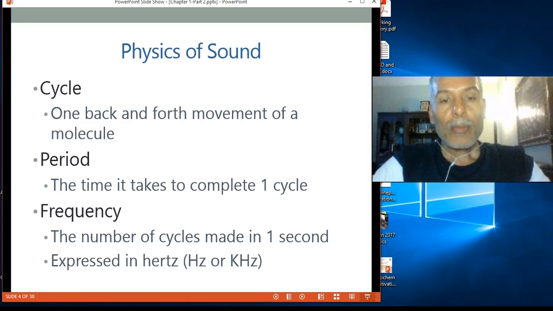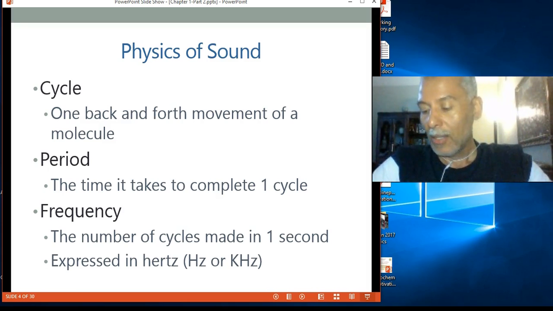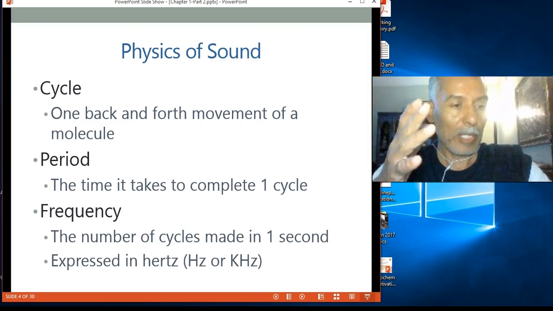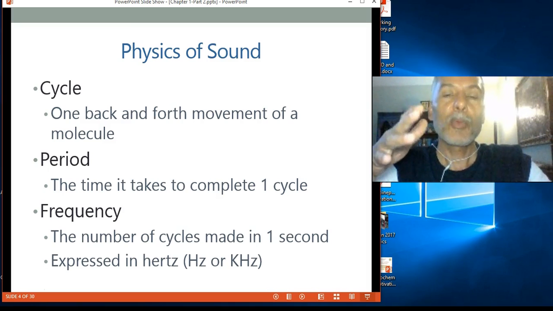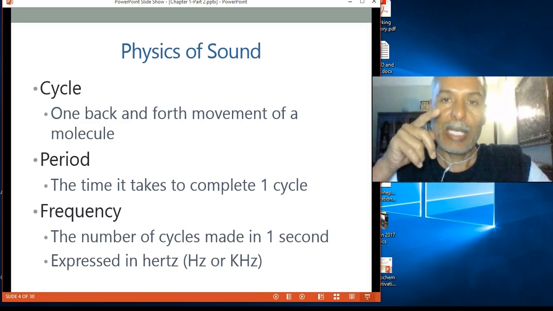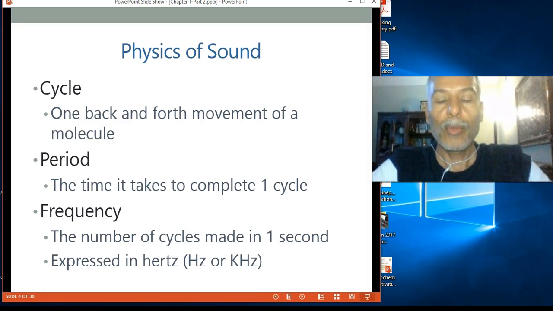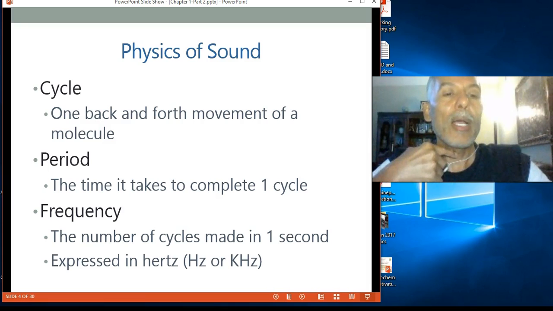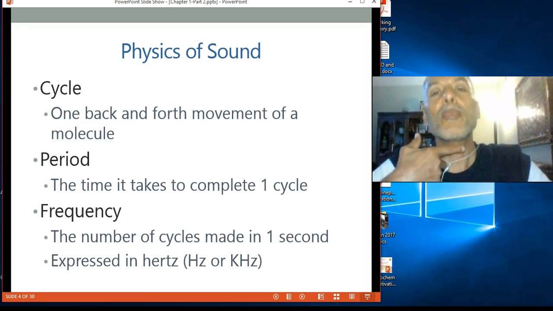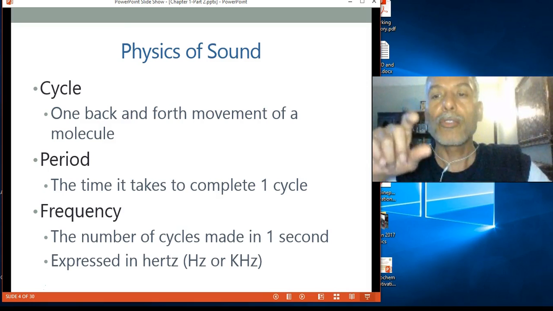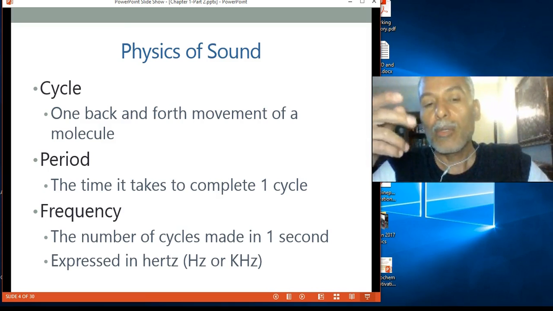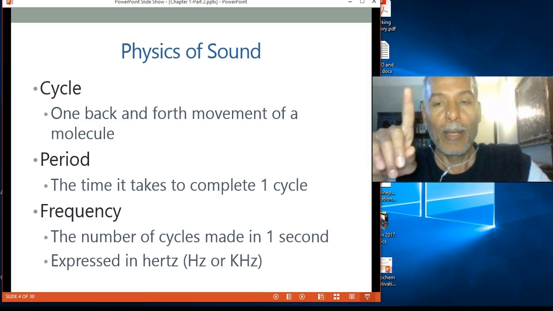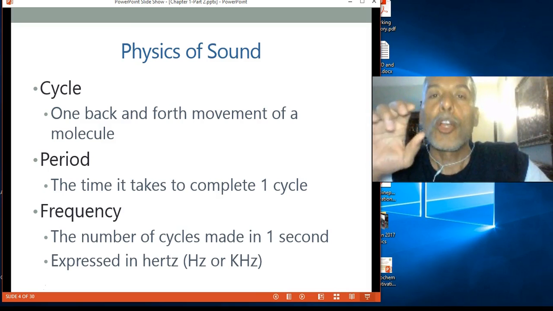So let's say my vocal folds vibrate 100 times per second to make the sound I'm making. Instead of saying that the frequency of the vibration of my vocal folds is 100 times per second, which is a lot of words, we simply say 100 Hertz.